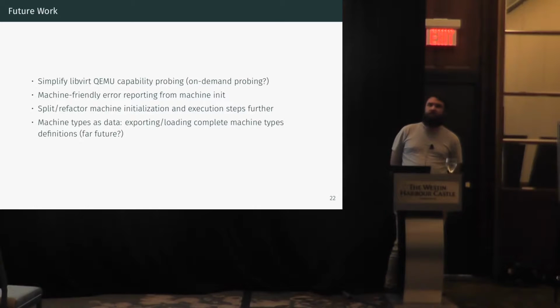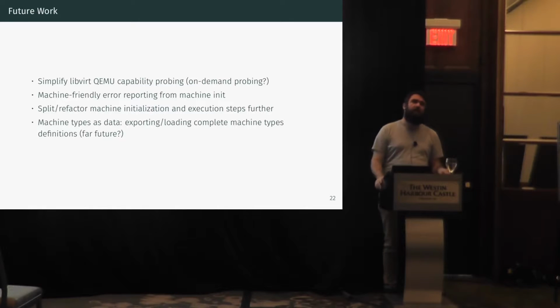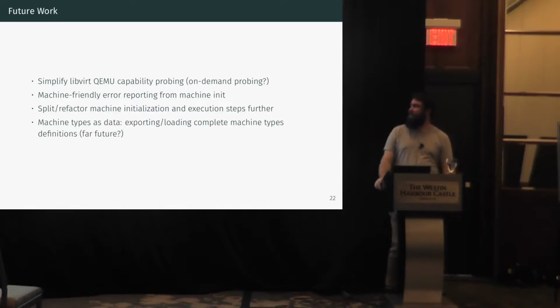Do we want to make sure everything related to machine types could be represented as data somehow, as just a device tree, so we could save it somewhere else and load it instead of being represented as code? This is one of the things I wanted to address, and when preparing the material, I noticed we need to tackle those basic issues before we try to cover the entire world.